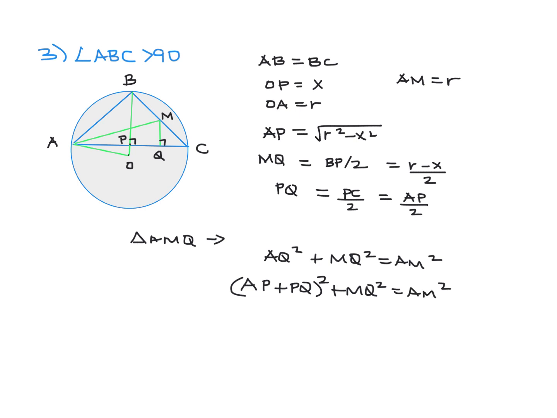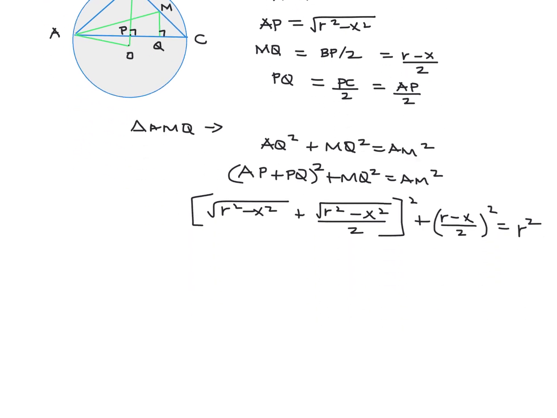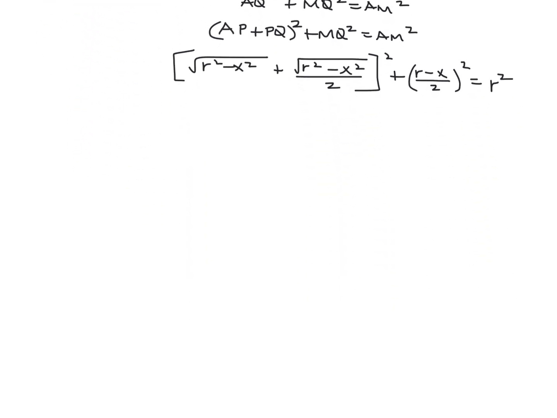So AP is this R squared minus X squared. PQ is this AP over 2. So it's the square root of R squared minus X squared, all over 2, and this is all in brackets. And then MQ is R minus X over 2, all squared. And then AM is R, so that's R squared.